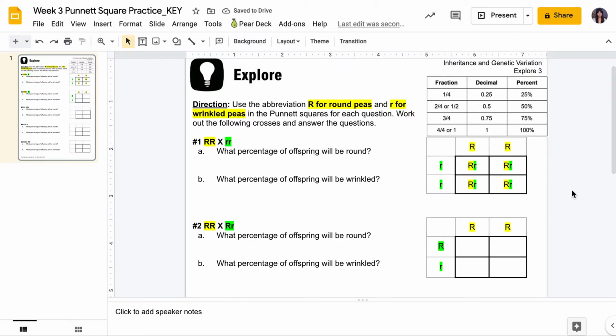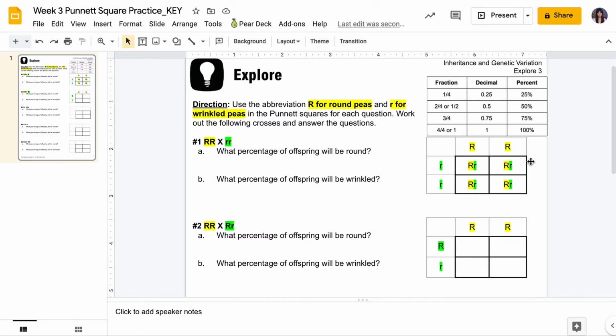So right here, if we take a look, for parent 1, we have homozygous dominant. Parent 2, we have homozygous recessive. How about each of the offspring? There are 4 possibilities.